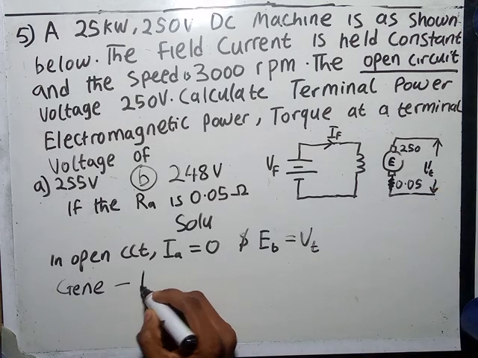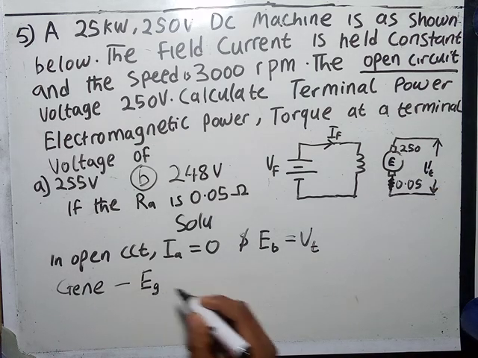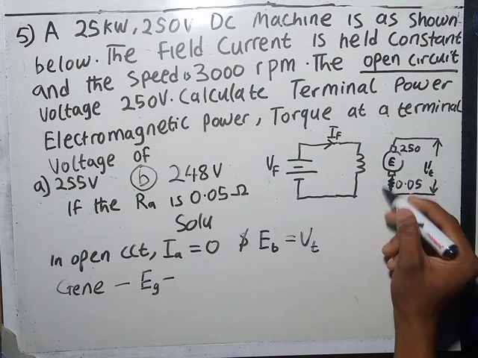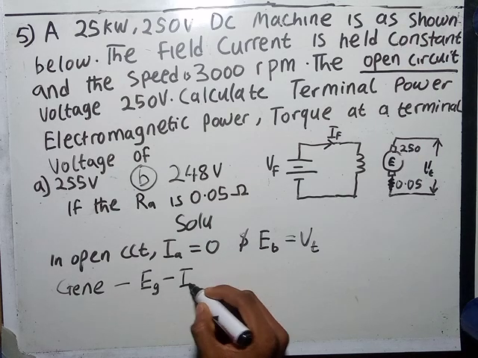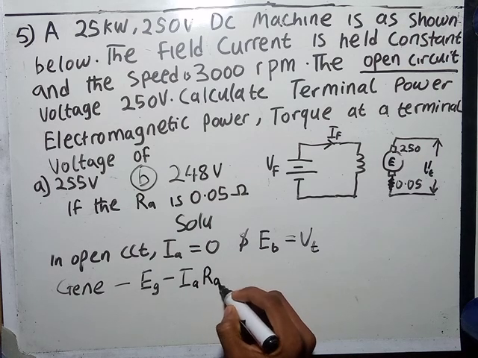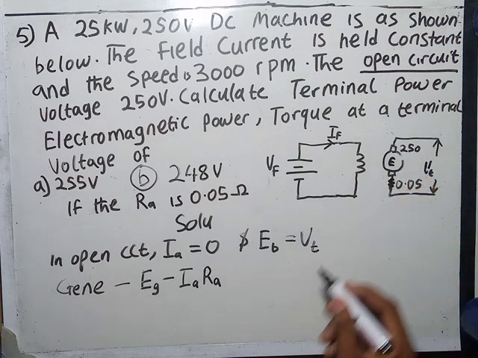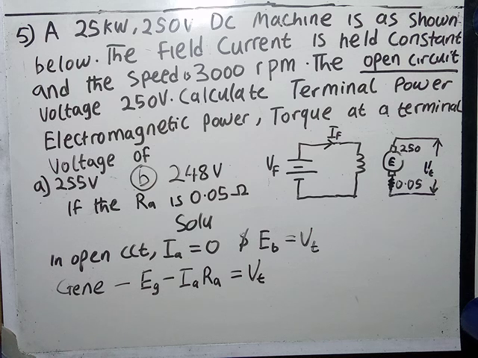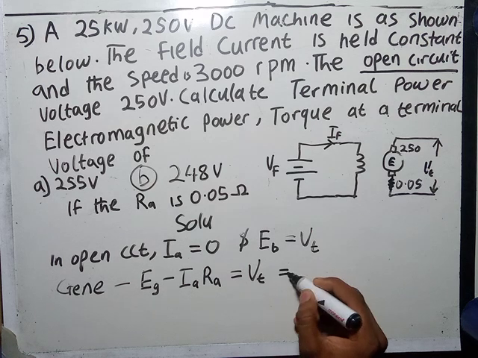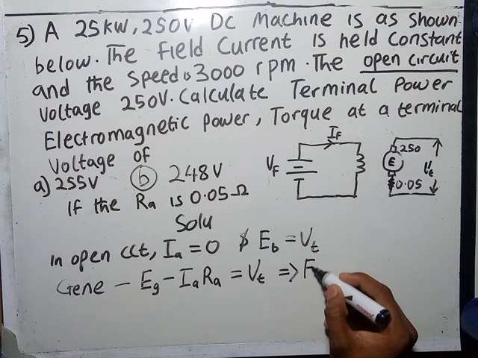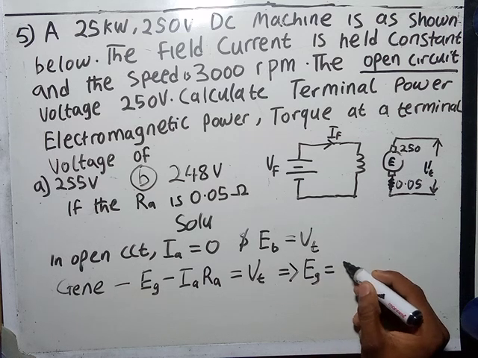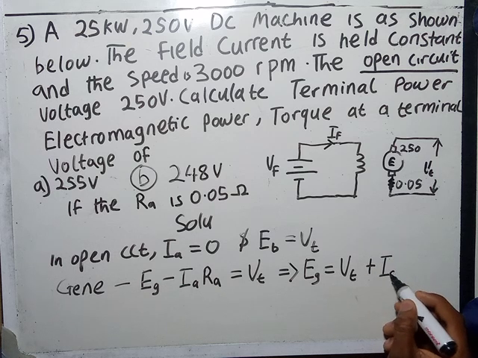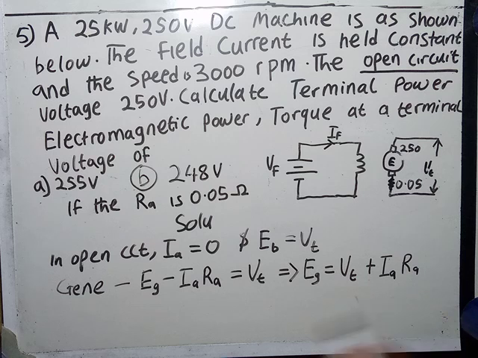So we have that our generated EMF minus our voltage drop due to the armature resistance, those two we equate to Vt. We can still rewrite this to be Eg is equal to Vt plus IA RA.